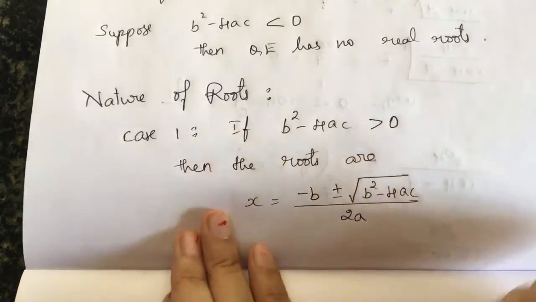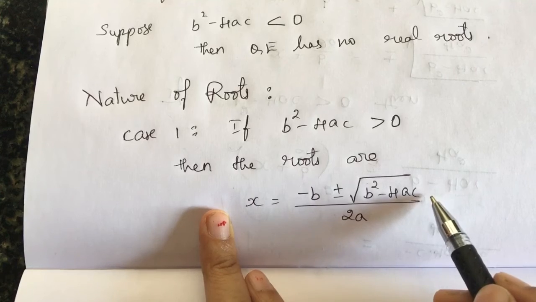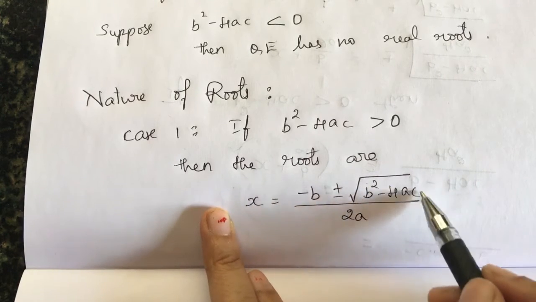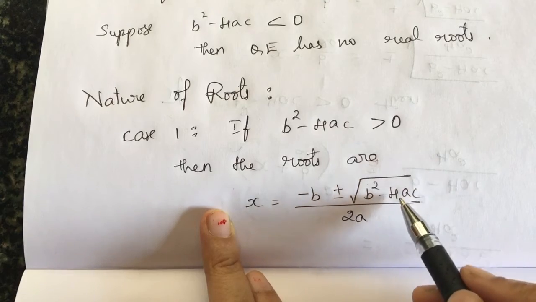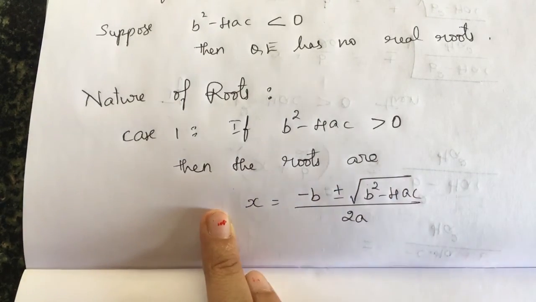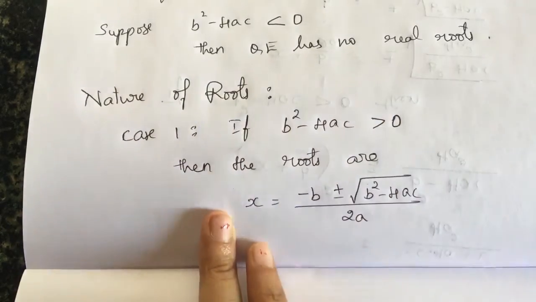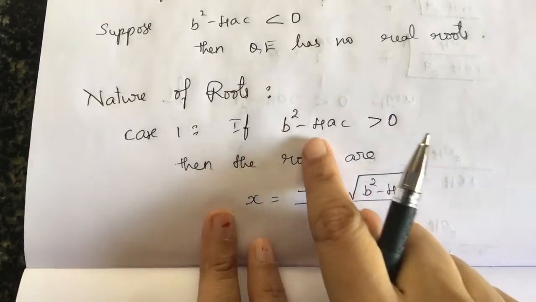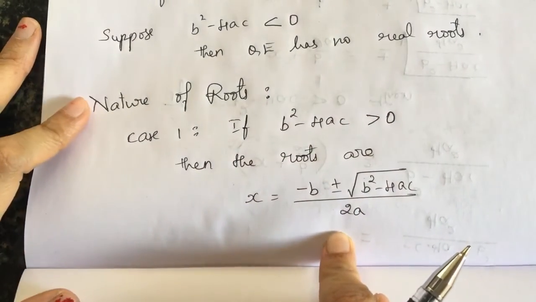These are the roots. This value is greater than 0, in the sense it is positive. When it is positive, if it is a perfect square, of course you can find the square root of that. If it is not a perfect square, you can keep it as it is. So the root value exists. If b square minus 4ac is positive, then you can find the roots.